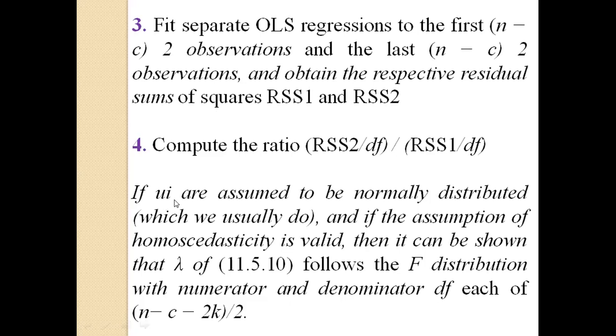If the errors (u_i) are assumed to be normally distributed, generally whatever errors we get, we should assume that the errors are normally distributed. But not all the variables need to be normally distributed. When the errors are normally distributed, we can say that there is no heteroscedasticity, only homoscedasticity.